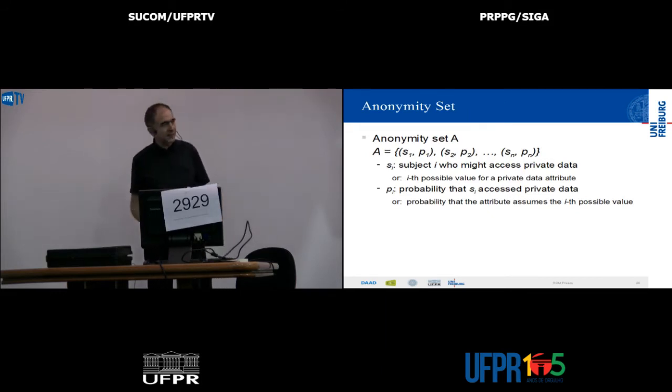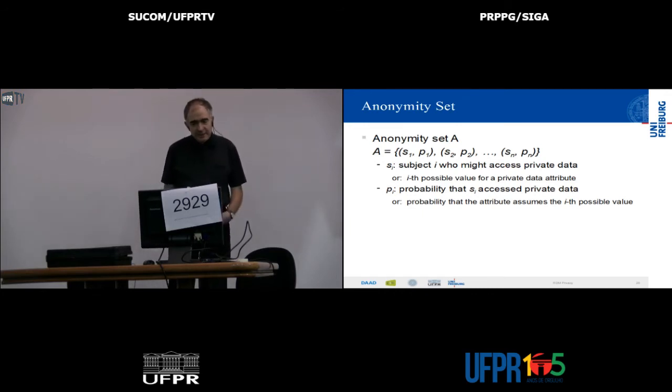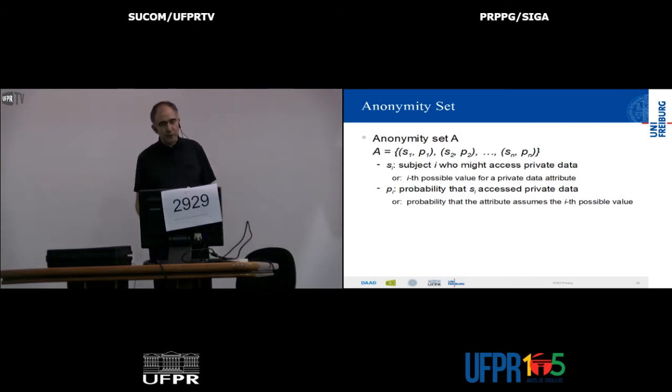But we need some mathematics to finish this course, don't we? We have an anonymity set where we have the subject and the probability that it accesses private data, or that the attribute has one of X values. So for subject 1, we have 10 values, 1 over 10.